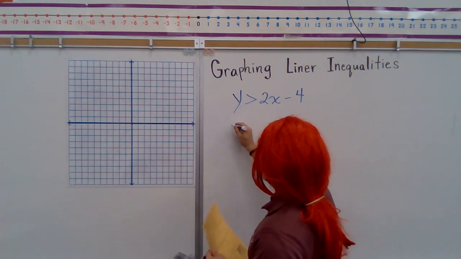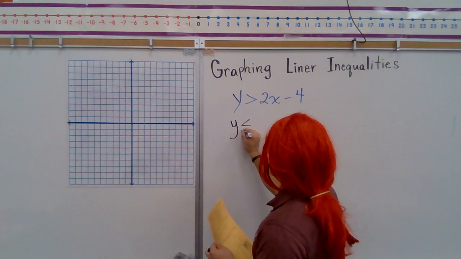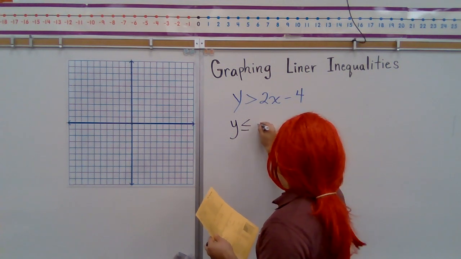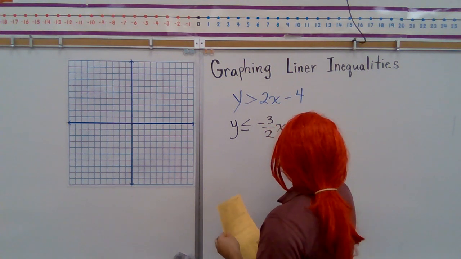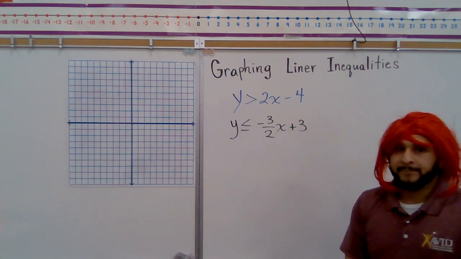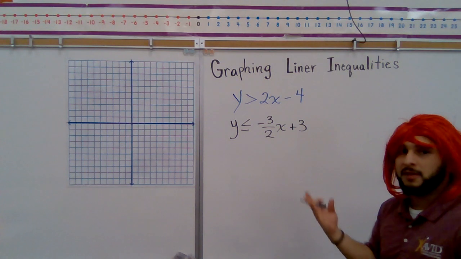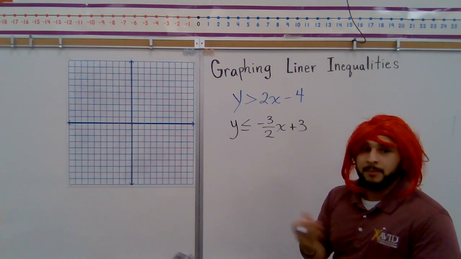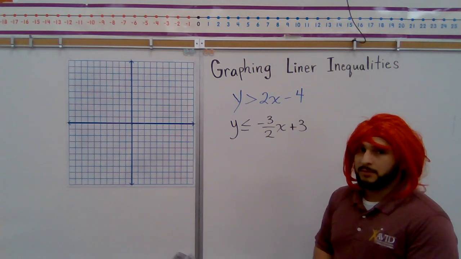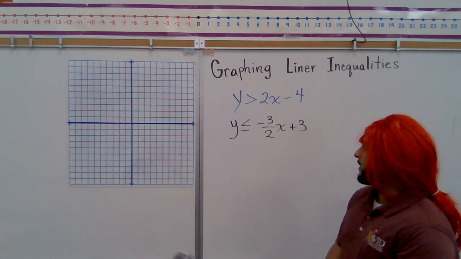Our second one is going to be y is less than or equal to negative 3/2 x plus 3. Both of these are already in slope-intercept form. You may run into some that you need to manipulate into slope-intercept form, but for this example in this video, we're going to use them as is.